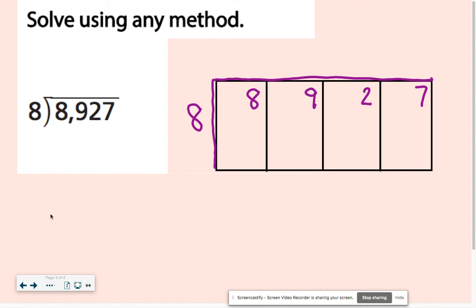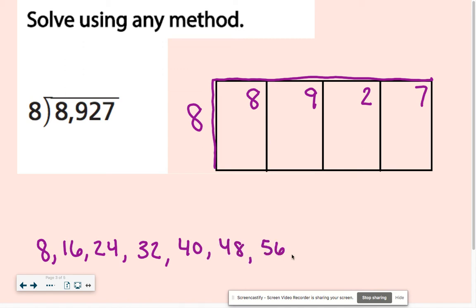Now, eighths can be a tricky one, so a good piece of advice is to write all your multiples of 8 down. 8, 16, 24, 32, 40, 48, 56, 64, 72.